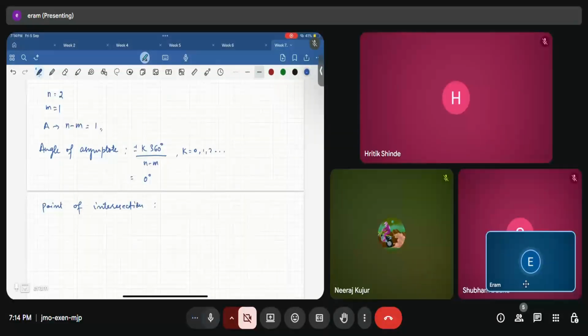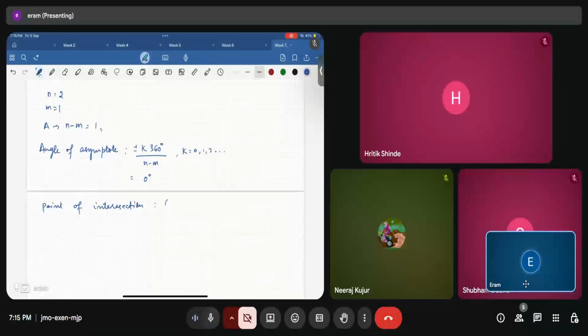What is the point of intersection? Sum of the open loop poles minus sum of the open loop zeros divided by n minus m.